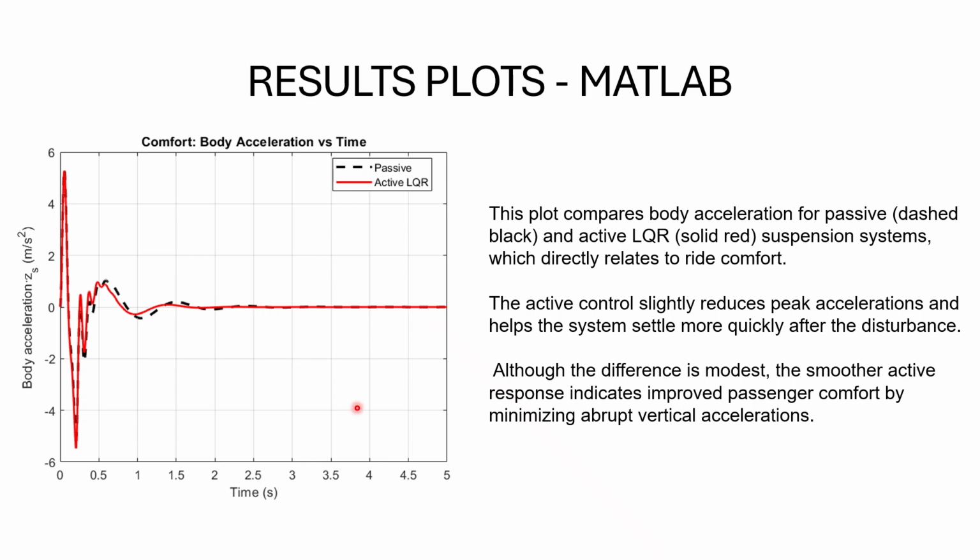We can see that the active control slightly lowers the peak acceleration right after the disturbance, and it allows the system to settle a bit faster, while the improvement is modest. The smoother curve from the active system remains less abrupt, like it has fewer disturbances.